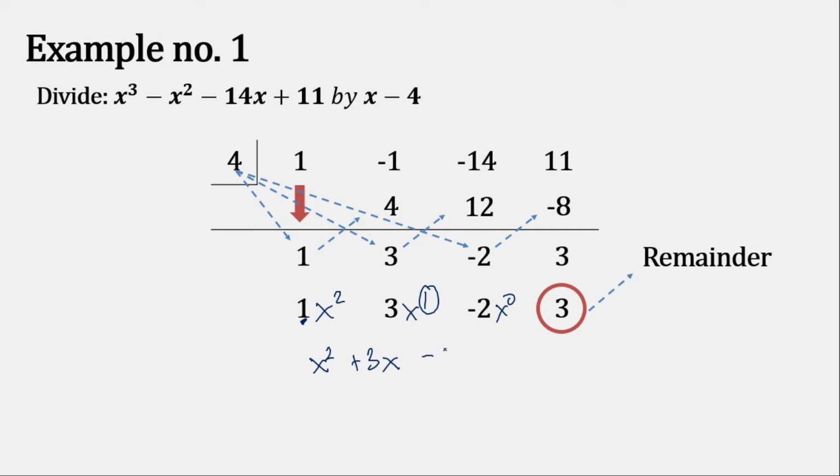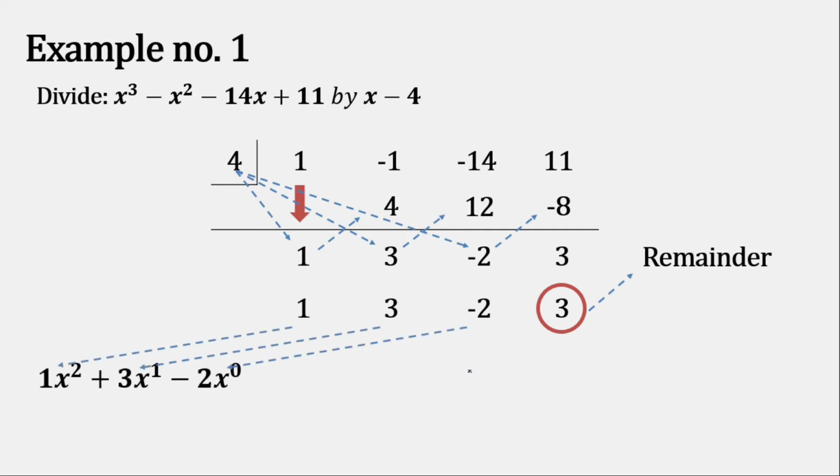Then minus 2. I didn't put x raised to 0 because x raised to 0 is 1, and 1 times negative 2 is negative 2. So that's our polynomial, that's our quotient. Now if we're going to write this out, illustrate it, it's just like that and like this.